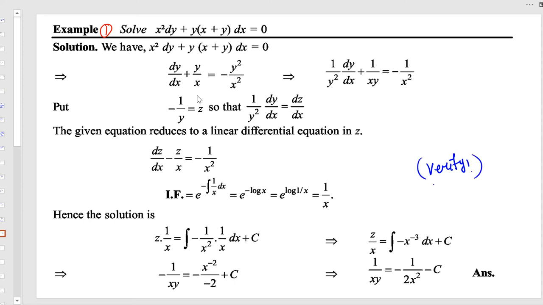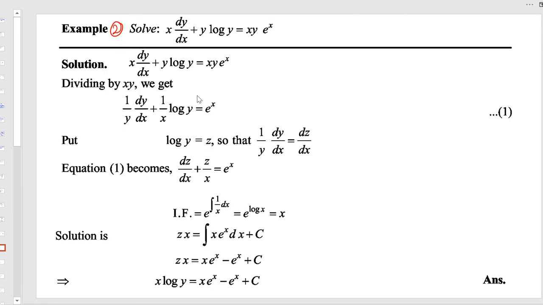Just put it into the standard form, apply the formula, calculate the integrating factor, and do it properly, step by step. So nothing much to explain here also. These are just applications of the formula.